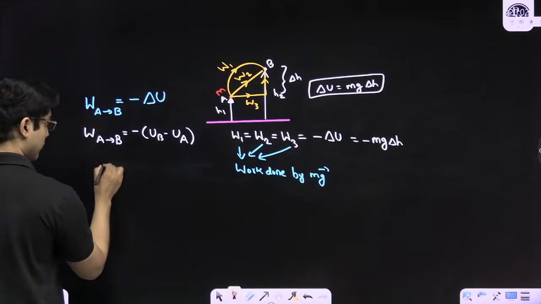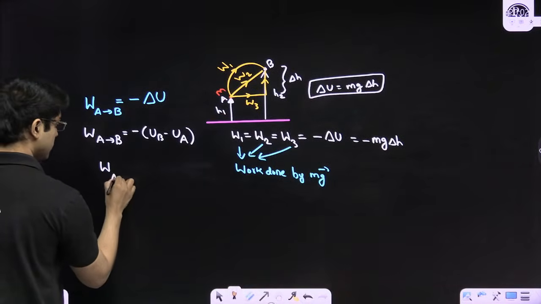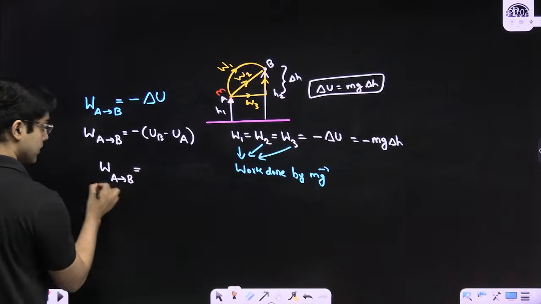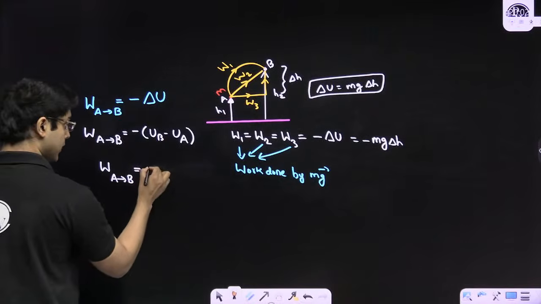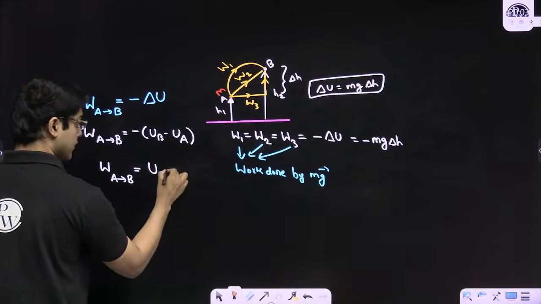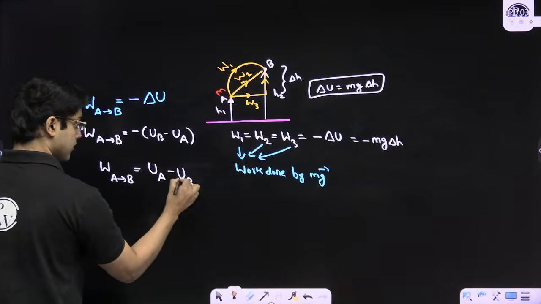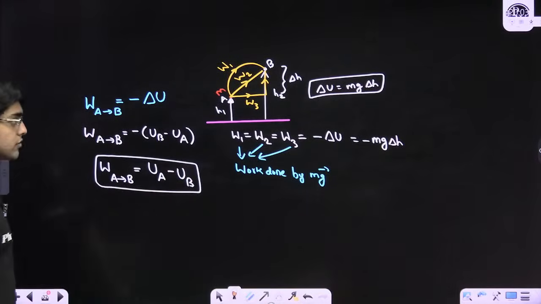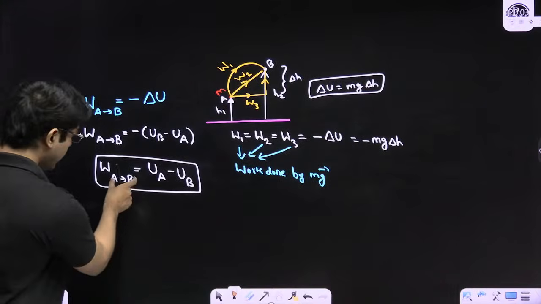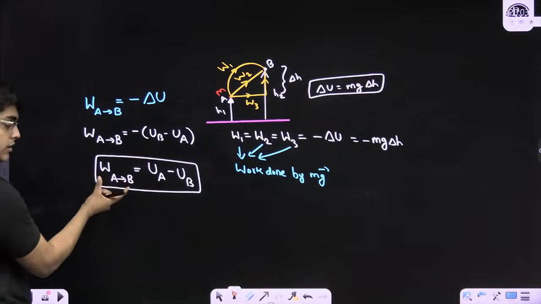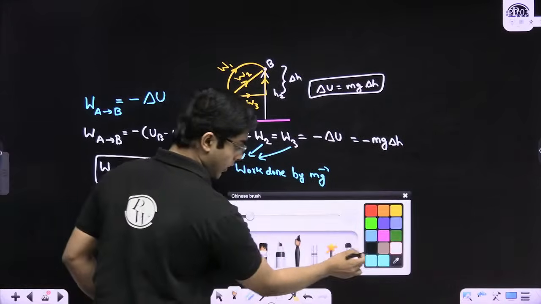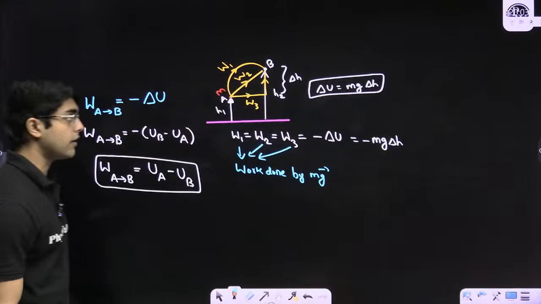This is the thing that we will need in this chapter now. Work done by the conservative force to go from A to B is equal to UA minus UB. So this is something that we are going to be using in this chapter. This is how we relate the work done by the conservative force to the potential energy. In fact, this is how the potential energy term is derived itself.